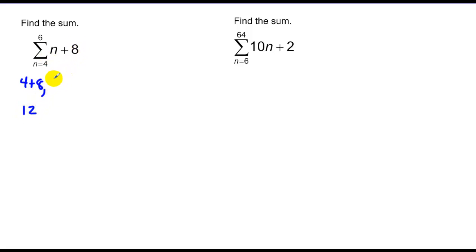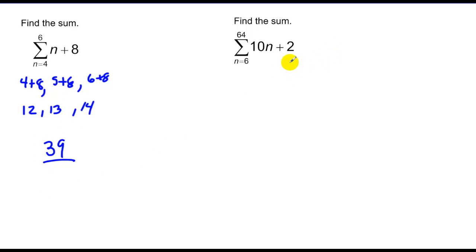I increment by 1, that's 5 plus 8, which is 13. And then I increment by 1 more till I get to 6, and that's 6 plus 8, which is 14. So I started at 4, ended at 6. I have a total of 3 terms. I add those guys up. That's 12, 13, 14, which is 39. And that's that solution.